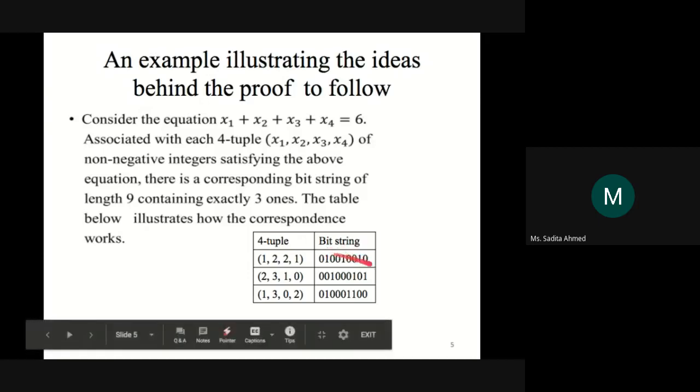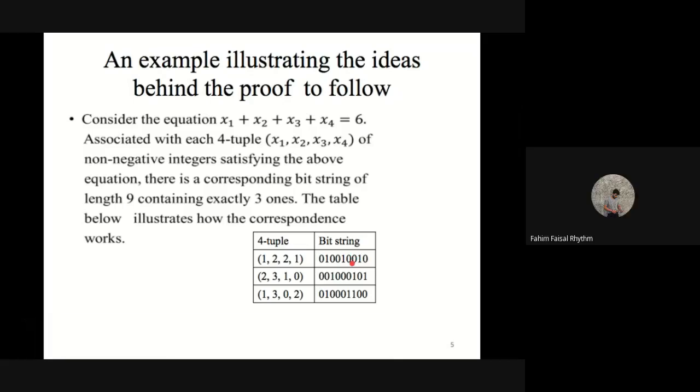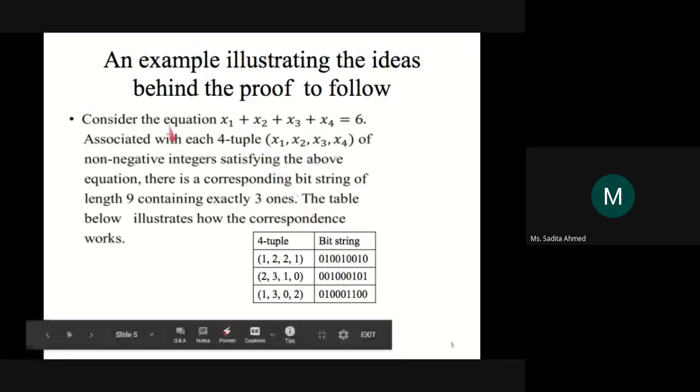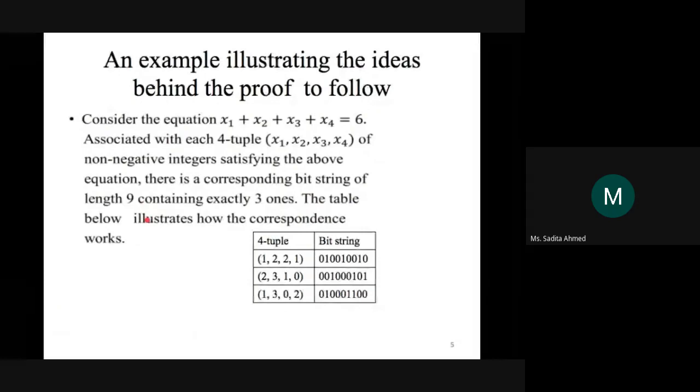Because if they contain exactly 6 zeros, then the other 3 must be ones. Or in other words, if they contain exactly 3 ones, then the other 6 must be zeros, right? Yes, miss. The string is either one of these two. So basically, n plus r minus 1 C n minus 1 is equivalent to n plus r minus 1 C r.